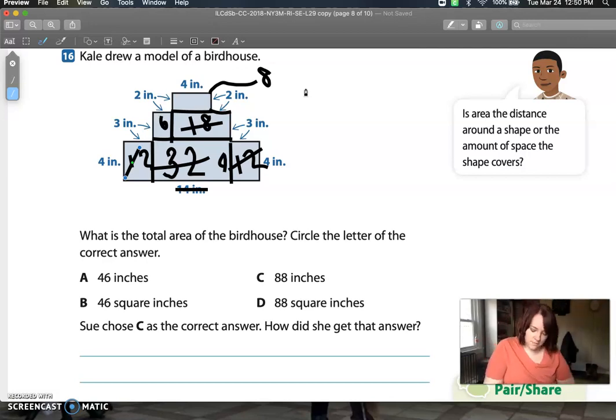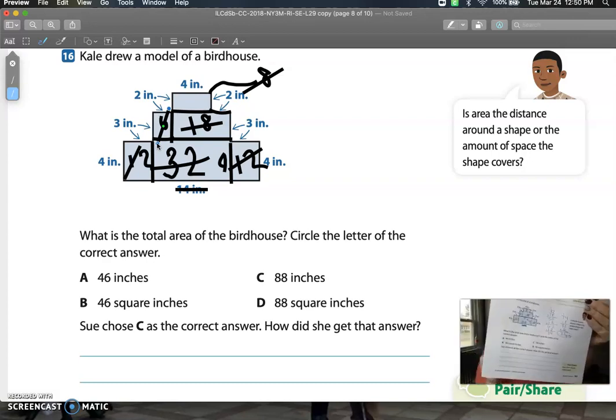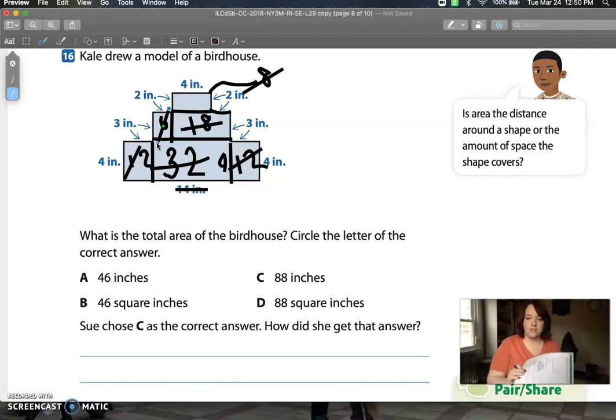Okay, we're at 82. Now we need to add the 6 last. So our 8's gone, and now we're doing our 6. 8 plus 0 is 8. 88 square inches. And it looks like letter D is our 88 square inches. So letter D.